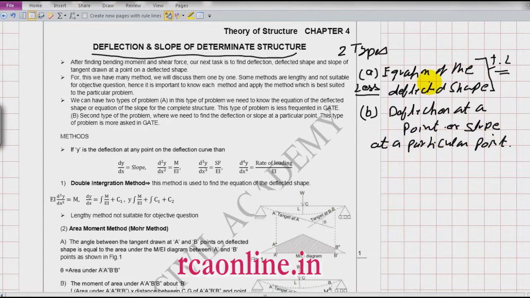So the approach for the two types will be different. I will concentrate more on the deflection at a point, because those are more popular questions. Especially for objective, I can say 100% of the weightage is for that and 0% for the equation of the deflected shape.